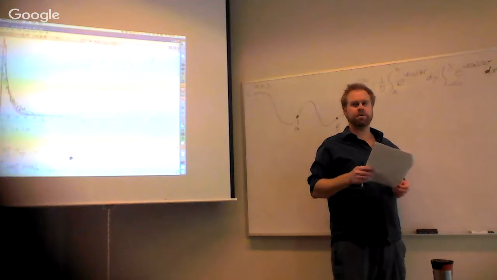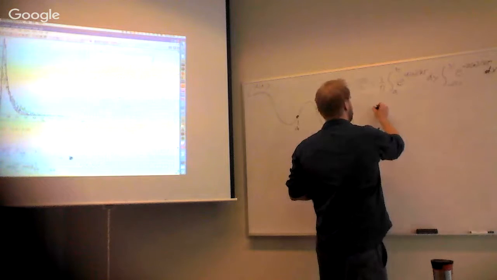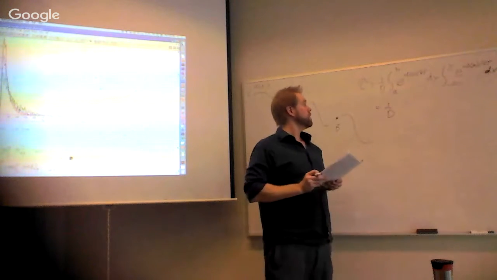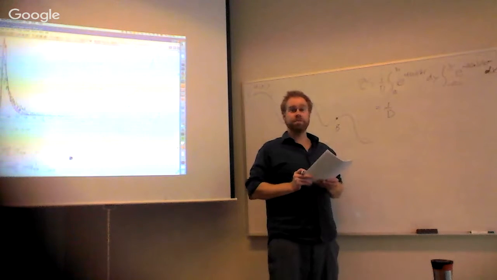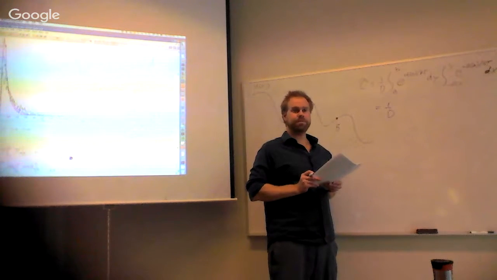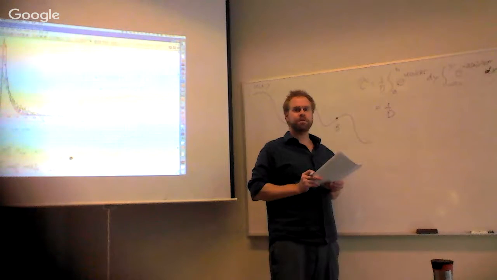So let's do the simple case of zero potential. Then we just get b minus a, squared.